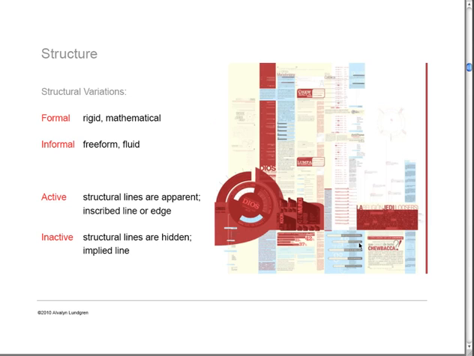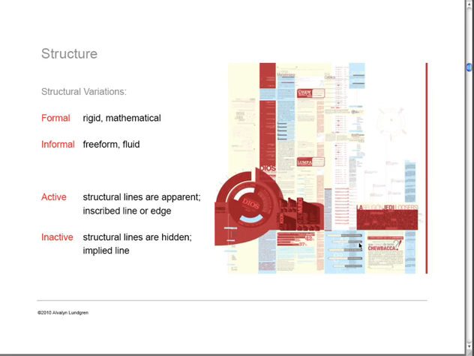Structures come in several different varieties or variations, and we can use structure in a very rigid, precise, there's that word mathematical or geometric again, way, where your spatial divisions are regular and really precise. And then there's informal structure where there's a fluidity, where you don't have the same kind of precision within the underlying foundation of your design.